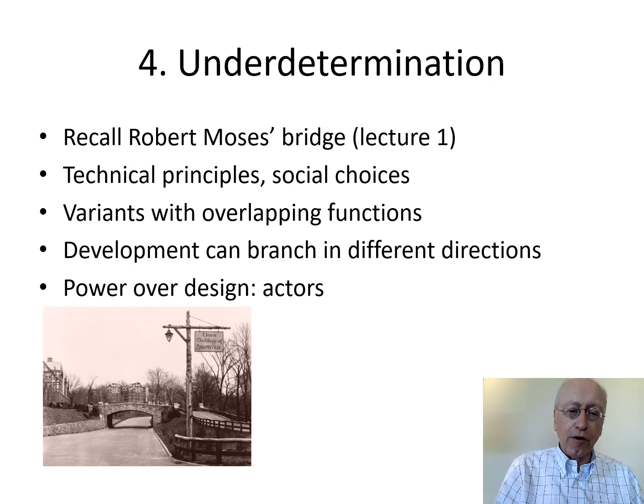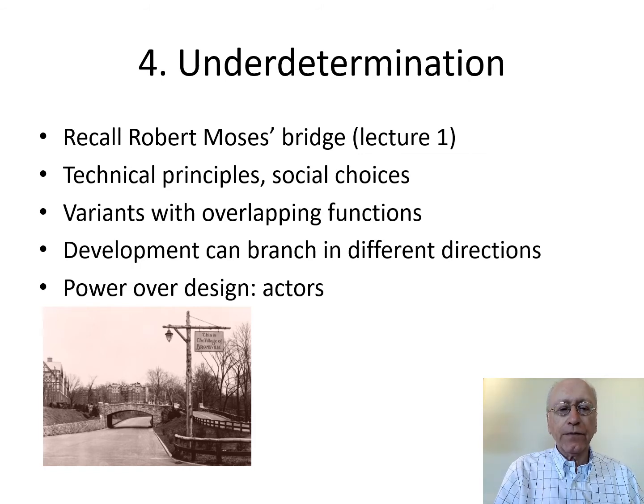They all have the overlapping function of allowing cars to cross the parkway to get to local routes. But the social implications are different, as we've seen. So this leads to the conclusion that there is no deterministic development of technological paths. They can branch out in different directions.